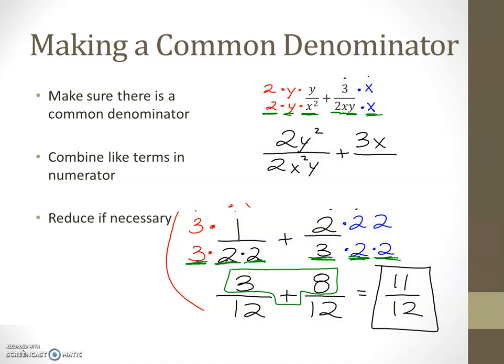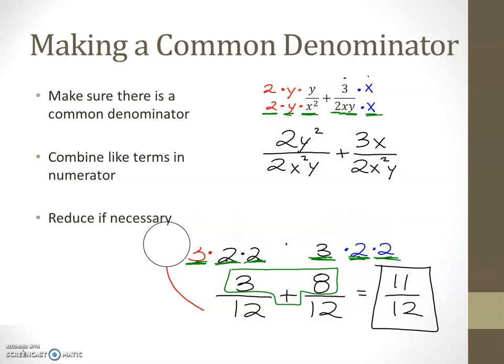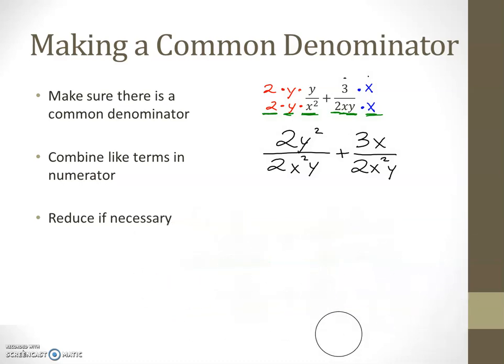And then on the bottom, we made sure we had the exact same thing. I've got my 2, I've got x times x, which I can write as x squared, and I've got my y. Okay? So do these both have the same common denominator? Yes, they do. So our answer is going to have that common denominator. And then up top, I'm just going to have 2y squared plus 3x.